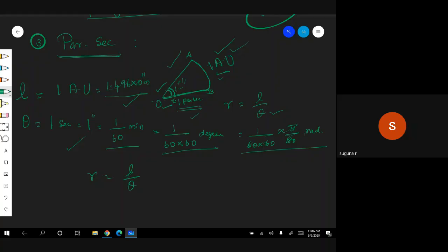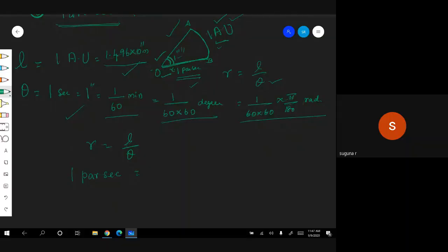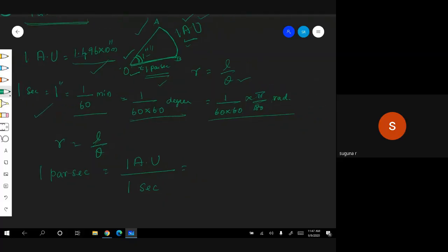Therefore, R is now 1 parsec. 1 parsec is equal to L, which is 1 astronomical unit, that is 1.496 into 10 power 11 meter, divided by 1 second.